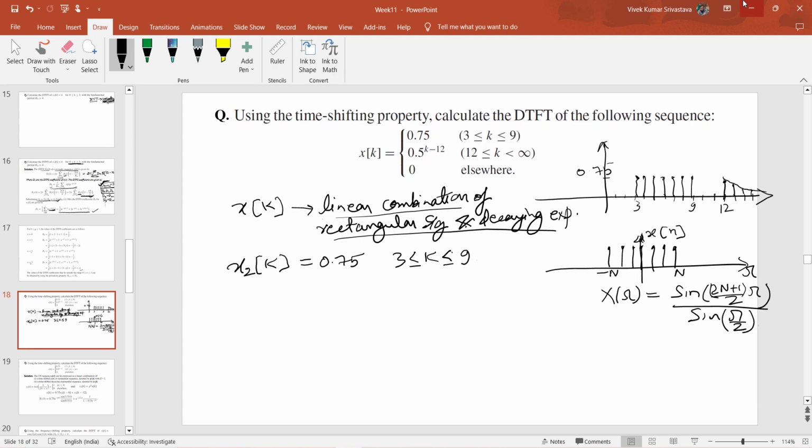So this is basically the discrete time Fourier transform corresponding to this rectangular sequence.